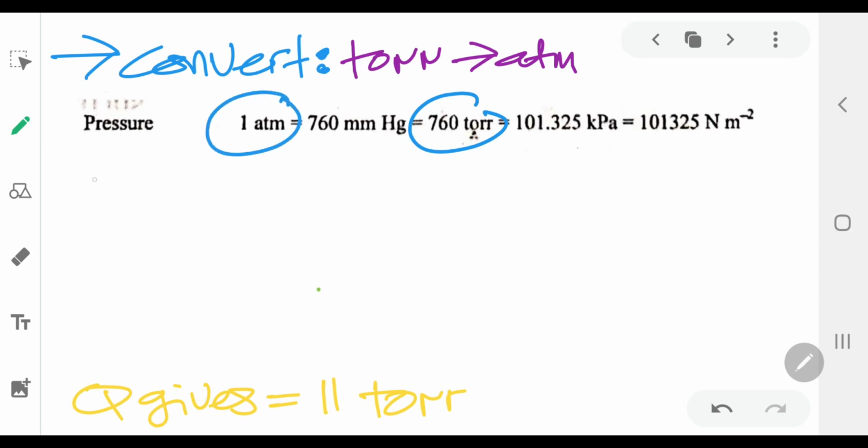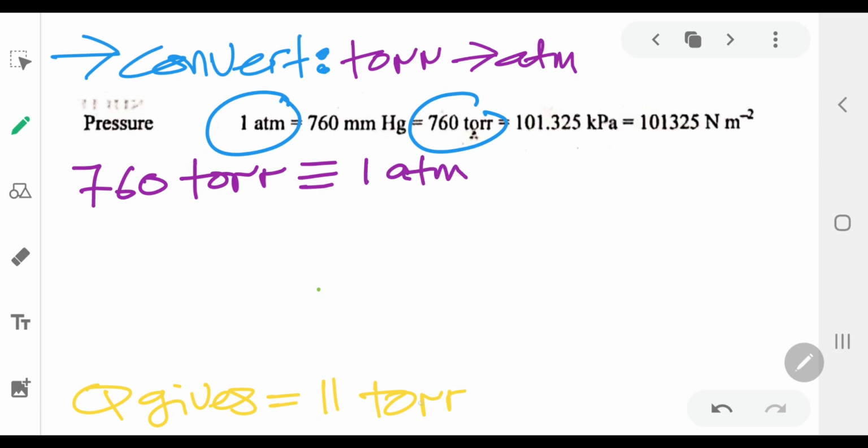And from the relationship, we know that 760 torr is equivalent to 1 ATM. And the question gives you 11 torr. And we want to know how much is that in ATM.